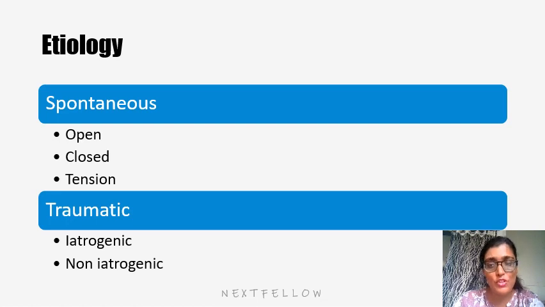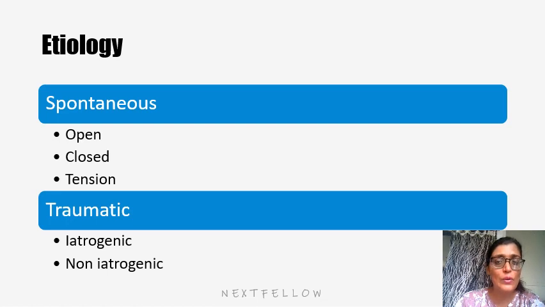One very common procedure which can cause pneumothorax is pleural tapping. Once you do pleural tapping, if you don't use a three-way properly and you let air seep in, that is the reason for using a three-way in pleural tapping. If you don't use it, you will cause iatrogenic pneumothorax.